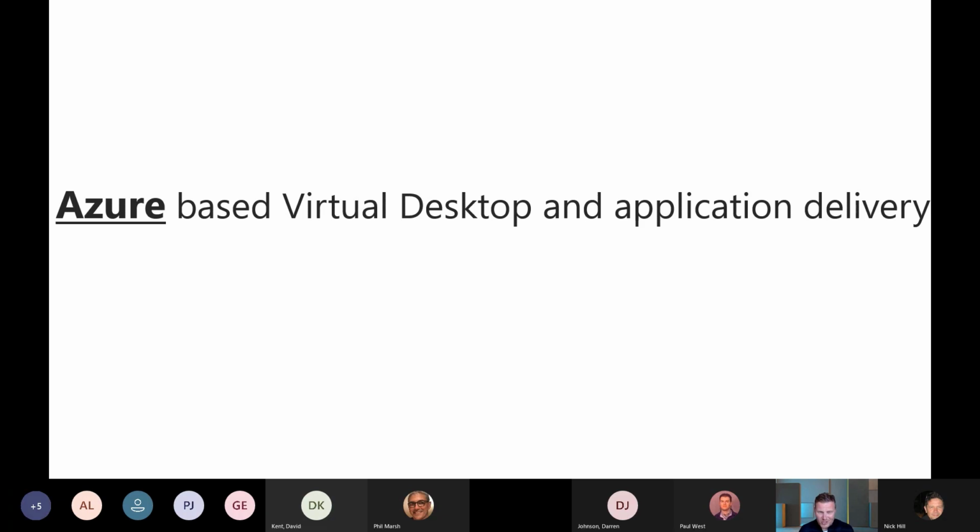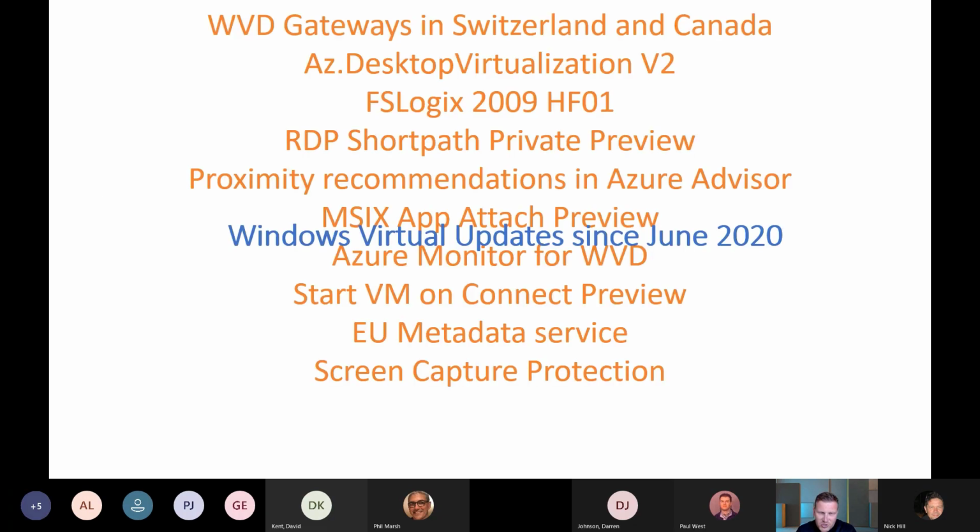The point here is it's Azure that is making the difference around the capability that we can present to our customers. And just to demonstrate what that means, these are some updates that have gone into WVD specifically since June of last year. Now, I'm not going to go through all of these, it's just there to demonstrate that lots and lots of updates have gone into the service by virtue of WVD being dependent upon Azure as opposed to Windows Server.